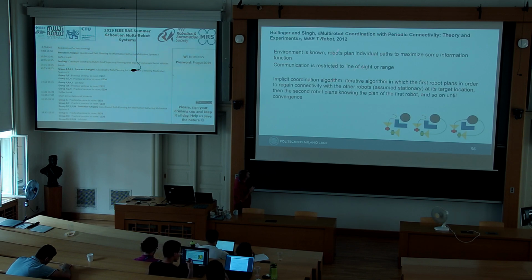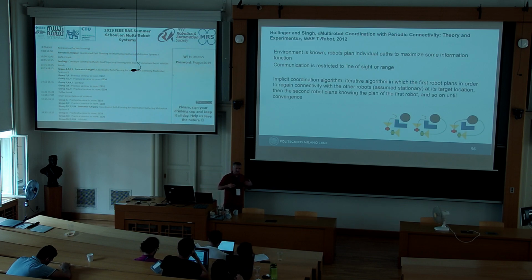This is one work from 2012 by Jeff Dollinger. The idea here is that you have a known environment, and then you have robots that are going around to collect some information.